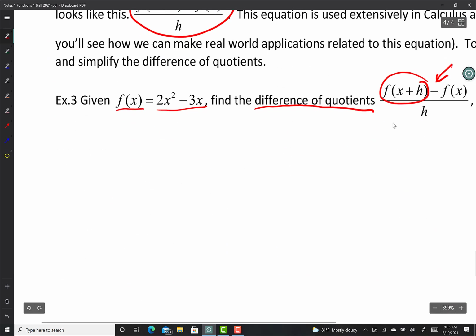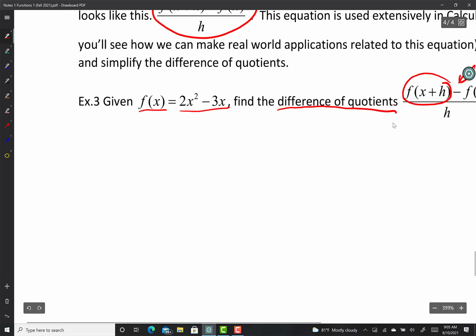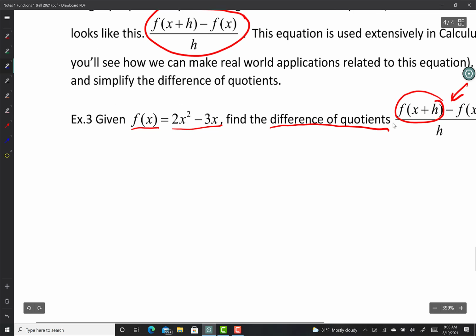Do you guys want me to color code it for good notes? All right. F of x plus h minus f of x all over h equals, so for good notes, I wrote the f of x plus h in blue.